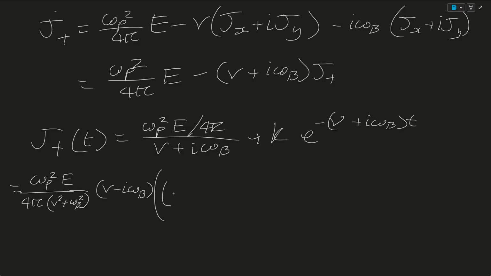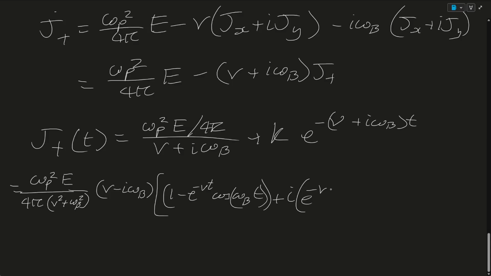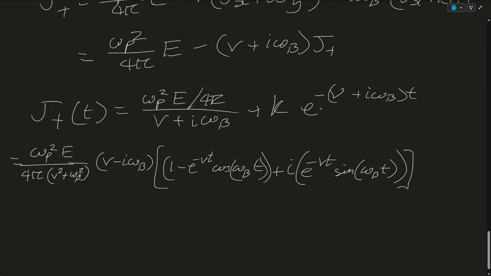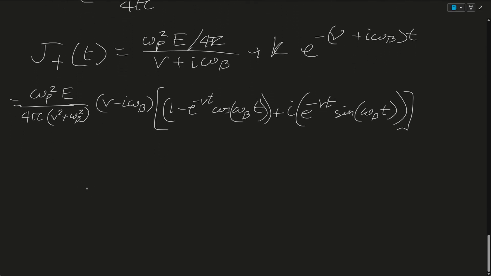Now, I'm going to put a square bracket there: 1 minus e to the minus nu t cos omega b t, that is all part of the cos, plus i e to the minus nu t sine omega b t. That's actually quite good. I thought it was going to take up more space. I also think it's correct. I was just expanding that, it's not that hard.